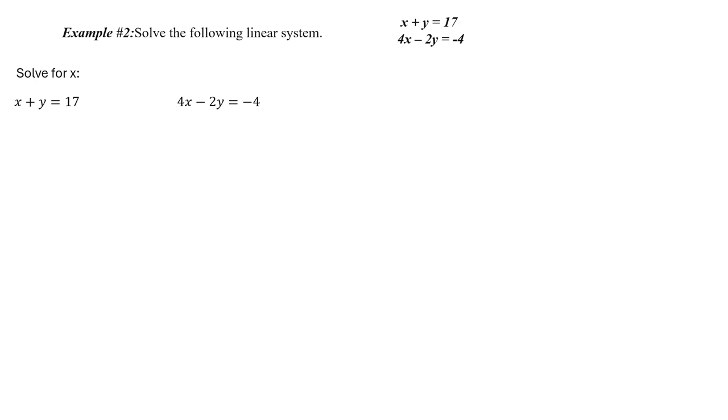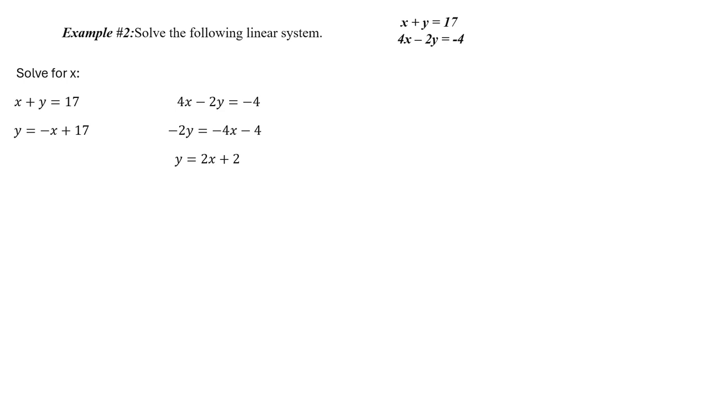So we have x plus y equals 17 and 4x minus 2y equals -4. Our x plus y equals 17 will simply become y equals -x plus 17. And our 4x minus 2y, when modified into slope y-intercept form, becomes y equals 2x plus 2.